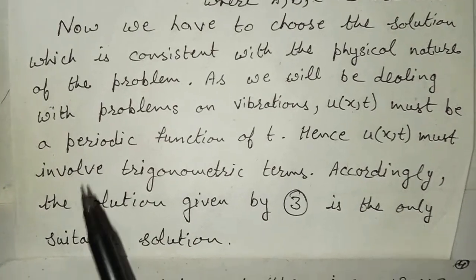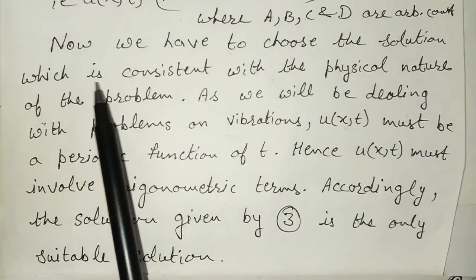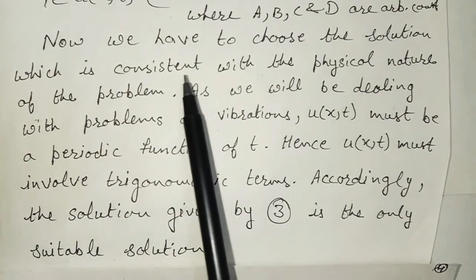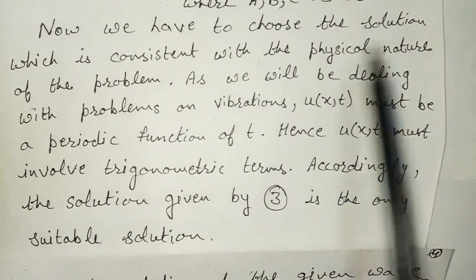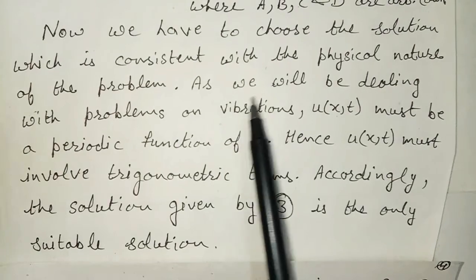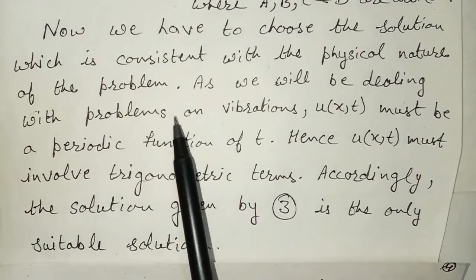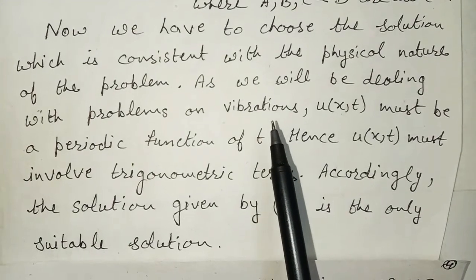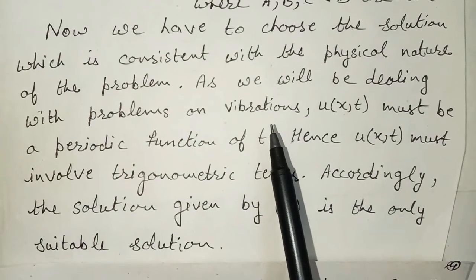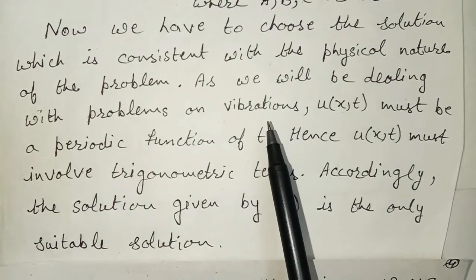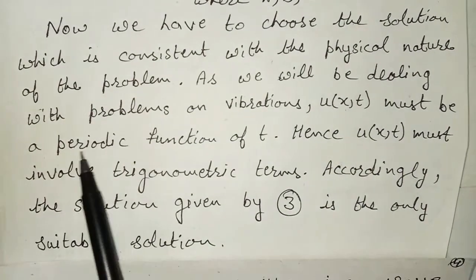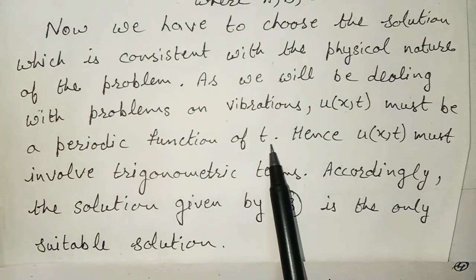Why? I have explained here. We have to choose the solution which is consistent with the physical nature of the problem, as we will be dealing with problems on vibration, because we are dealing with the wave equation. It means there will be vibrations. So u(x,t) must be a periodic function of t.